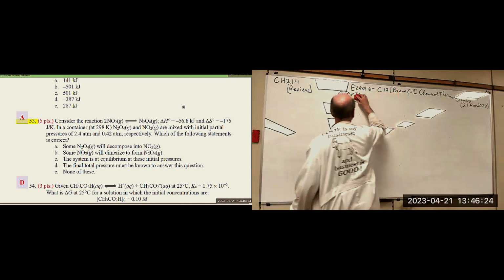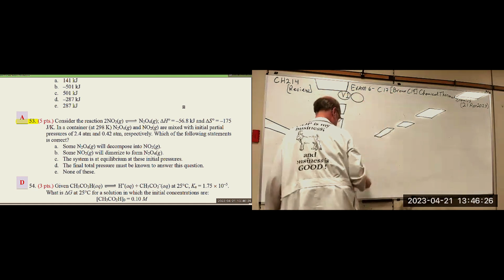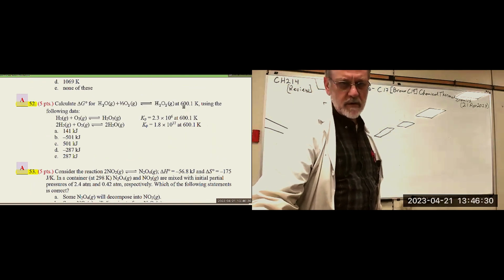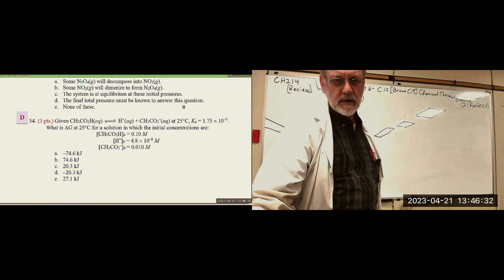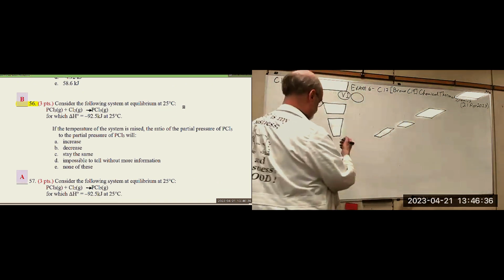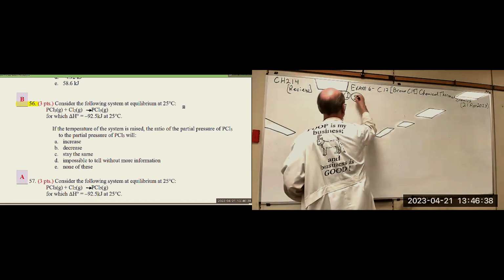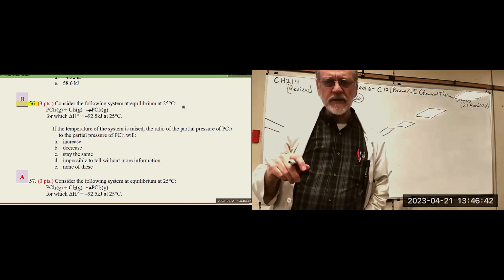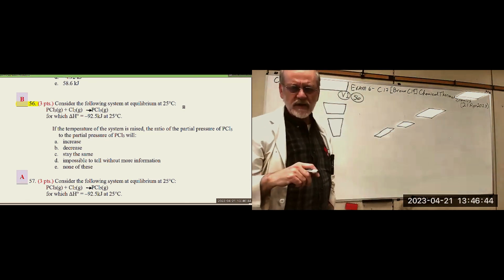All right, 53. And scroll to the next. Oh no, we already did that. Scroll to this one. Okay, so let's see, 56. We're still in version 1, it looks like. Consider the following system at 25 degrees.